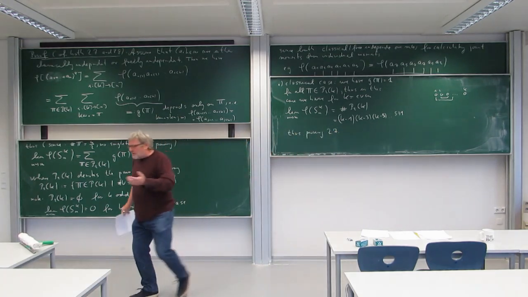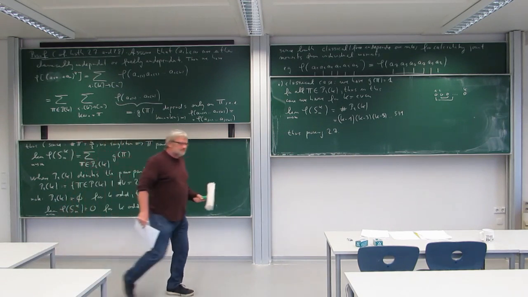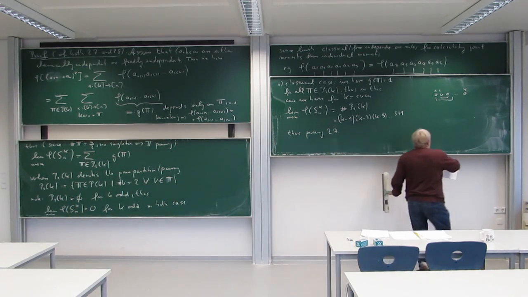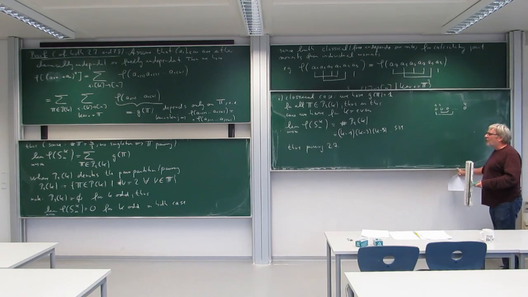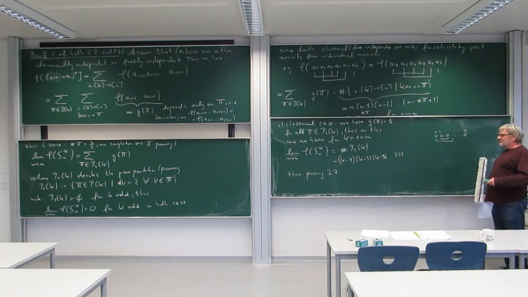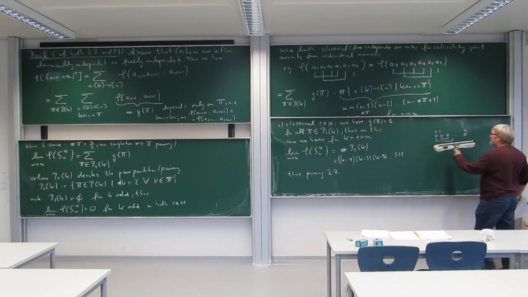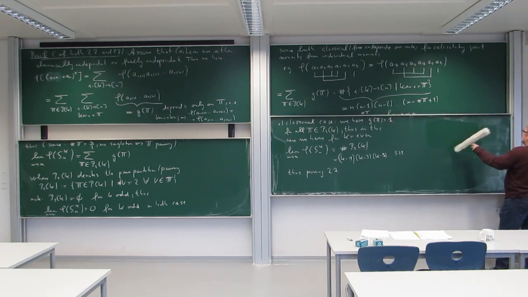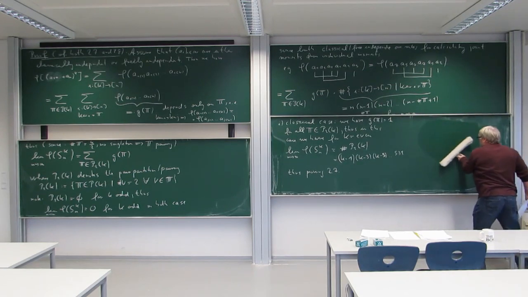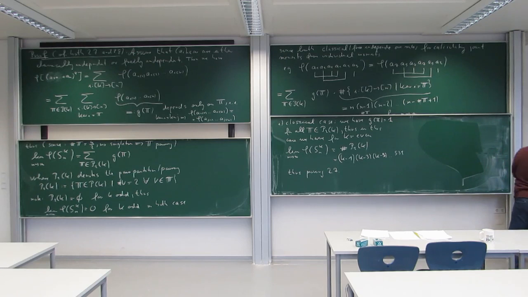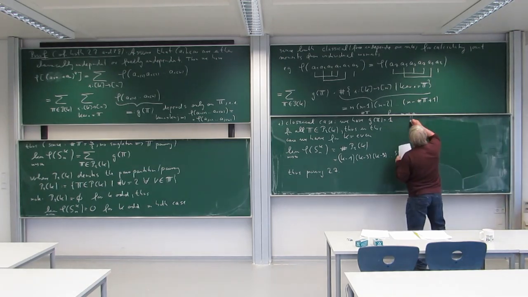Good. Now, of course, our main interest is in the free case, and there the picture will, of course, be different. Not all g of pi will be equal to 1, because otherwise you get a normal distribution. So we have to try to understand what is going on here.